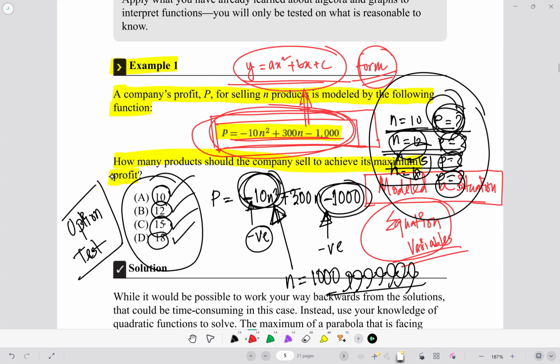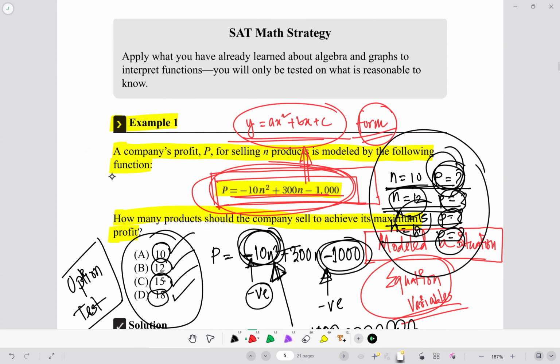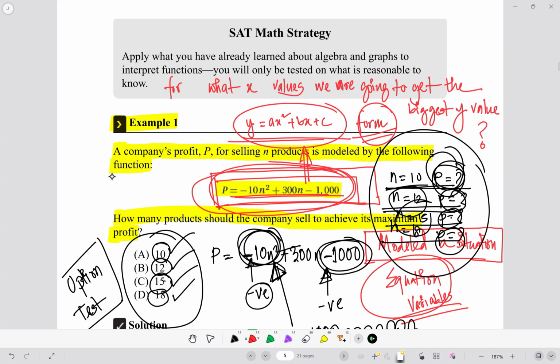And for this type of equation, y equals ax squared plus bx plus c, the maximum means: for what x values are we going to get the biggest y value?